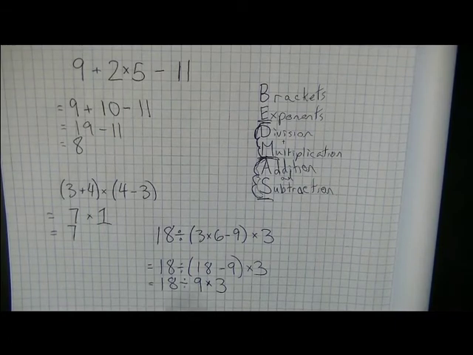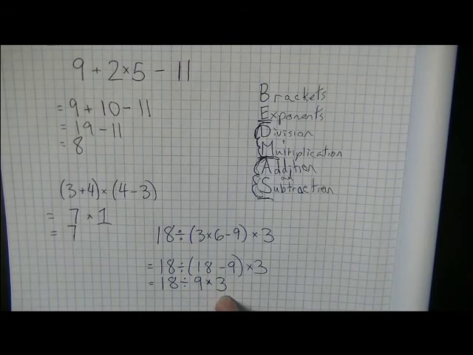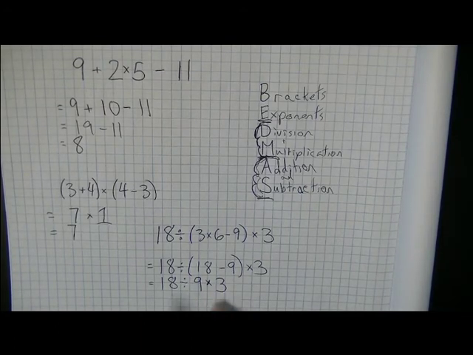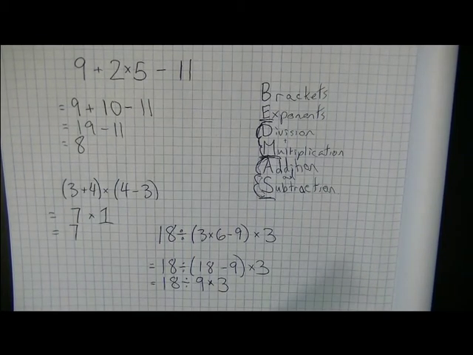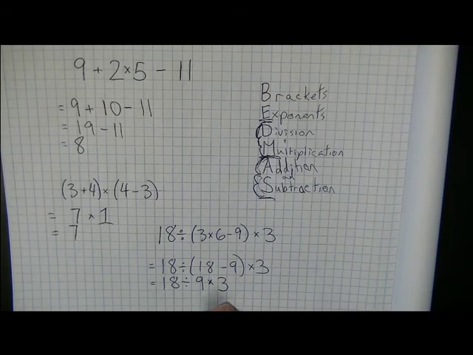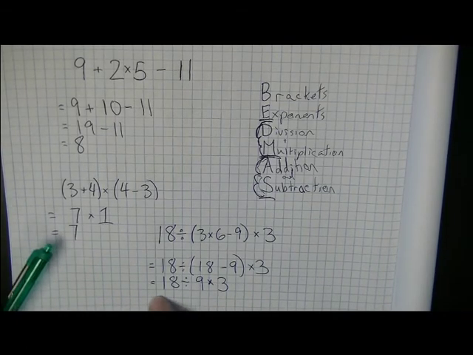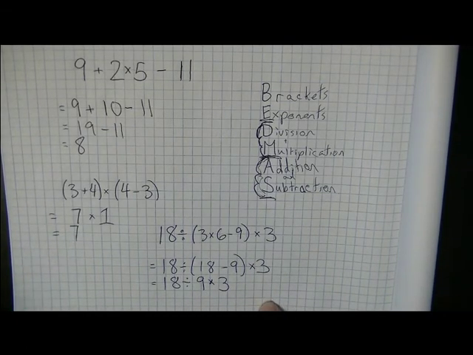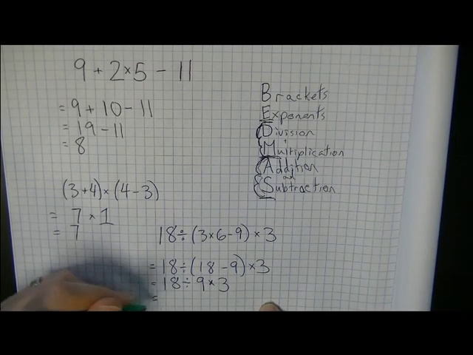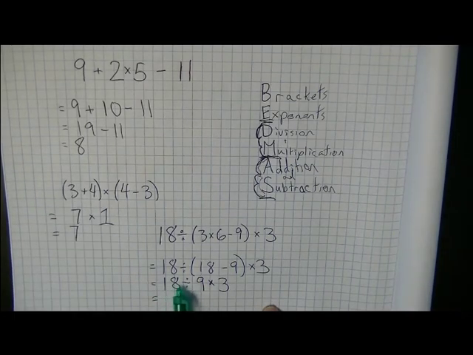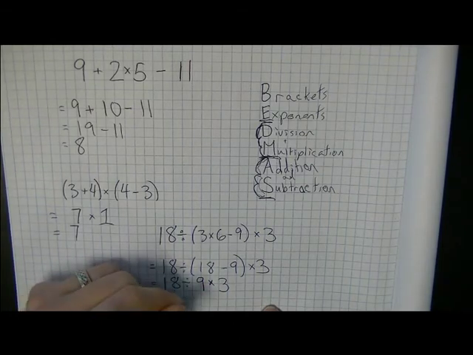Okay, now at this point, there's something that people are often very tempted to do, which would be to multiply the 9 times the 3. Okay, but remember, the order of operations goes from left to right. So we can't multiply the 9 times the 3. We have to start on the left and then do the operations as they appear. So our first step is to say, what is 18 divided by 9? Okay, which is 2.